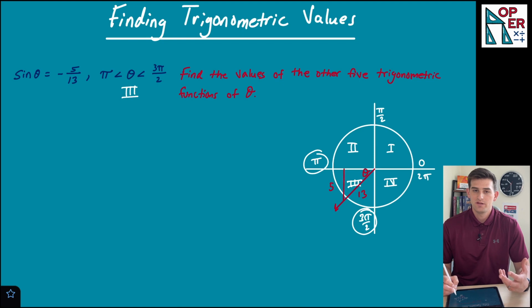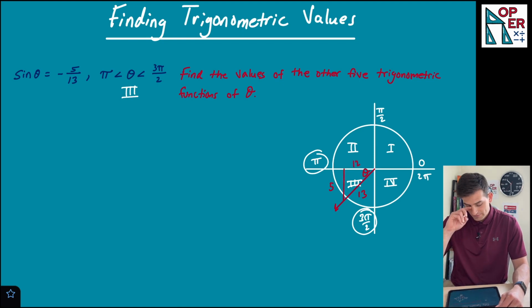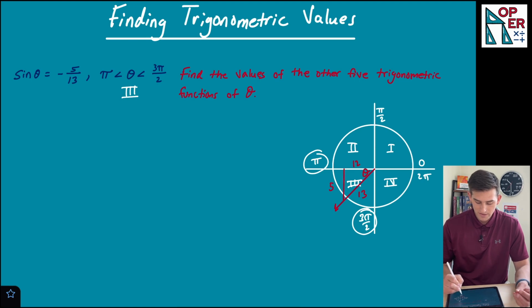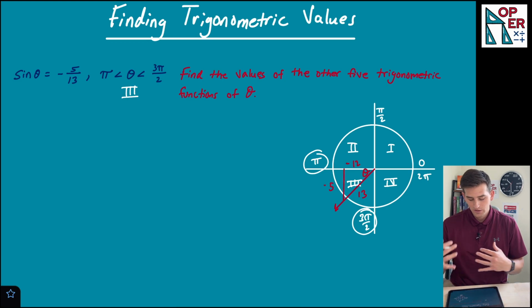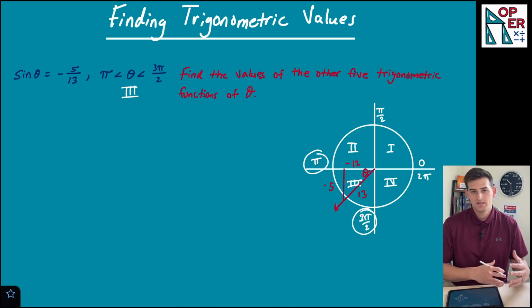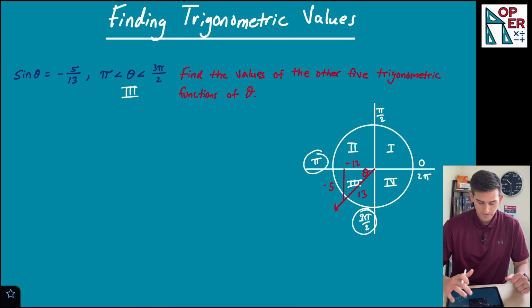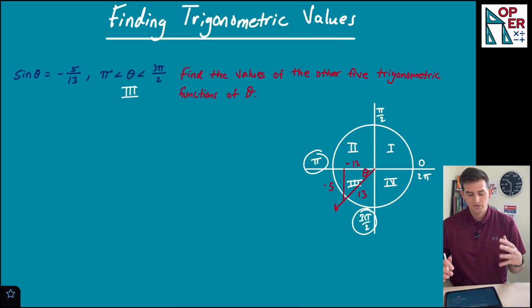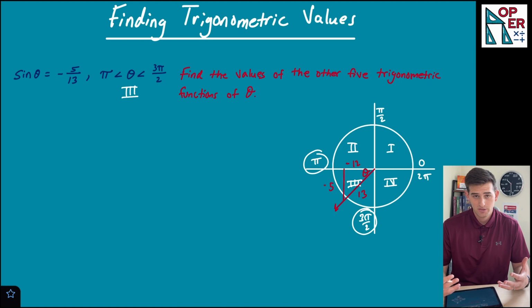This would be a 5, 12, 13 Pythagorean triple, right? Notice that in quadrant 3 we would be going left on the x-axis, so that'd be a -12, and going down for our y value, so that'd be a -5. So it makes sense that sine of theta should be -5/13.